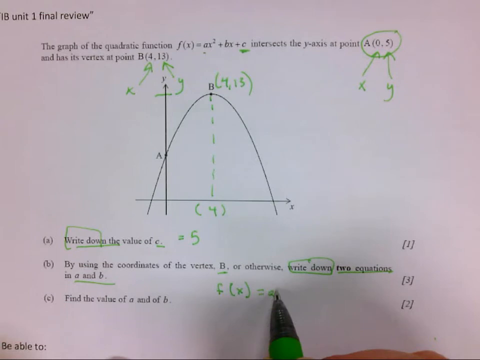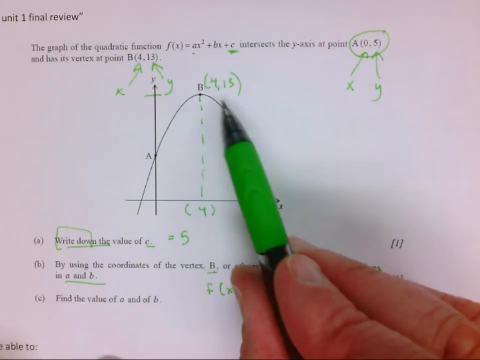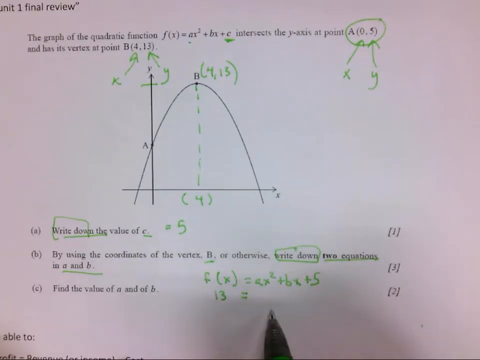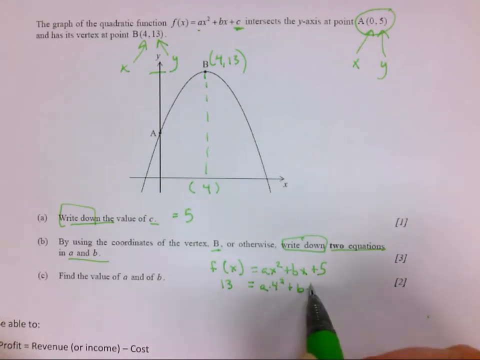If I plug in my point, (4, 13), I can plug in 13 for the y, and I can plug in 4 for the x. So I have a times 4 squared plus b times 4 plus 5. I'm going to clean that up a little bit. So 16a plus 4b, and I'm going to take this over here, that equals 8. So there's one equation in a and b.